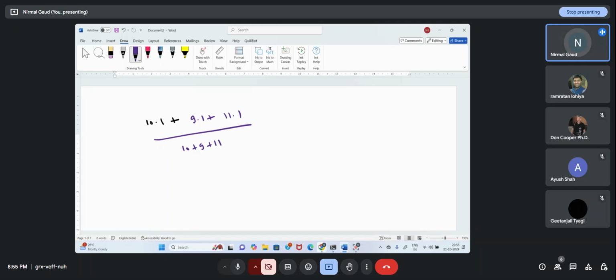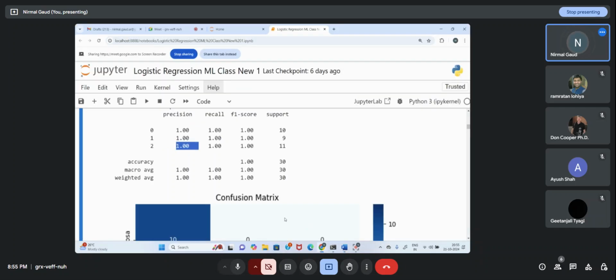So for weighted average, you have to multiply the support with these values. So 10 into 1, 9 into 1, 11 into 1, divided by 10 plus 9 plus 11.